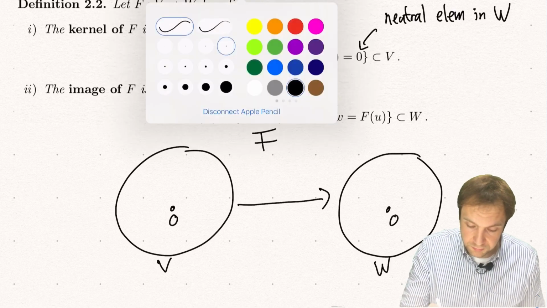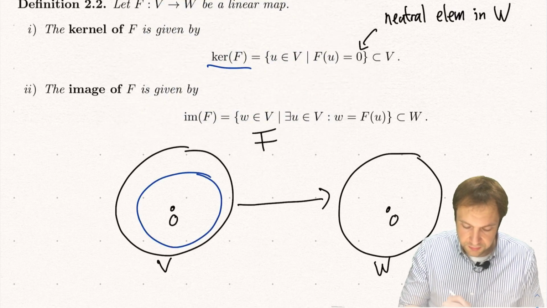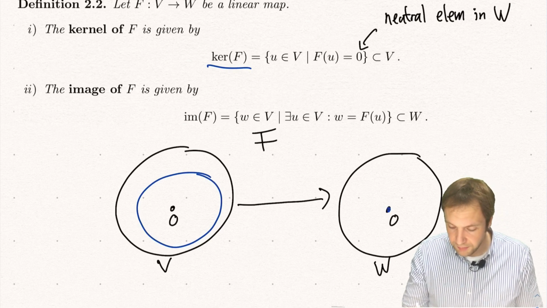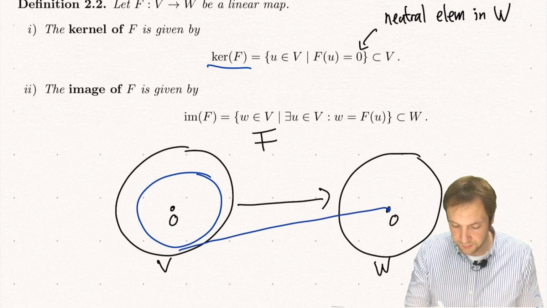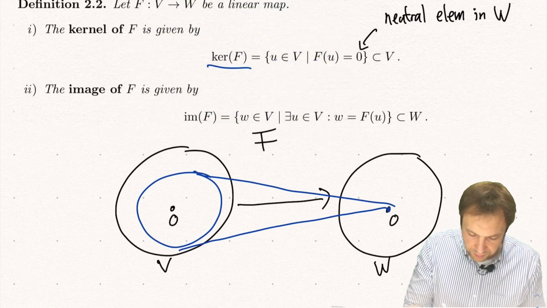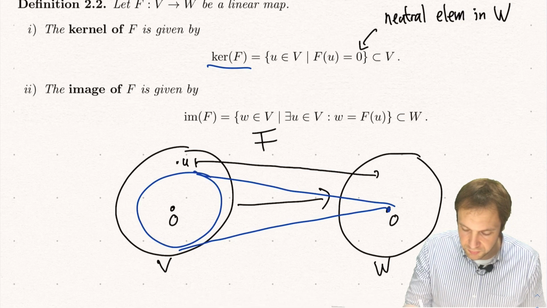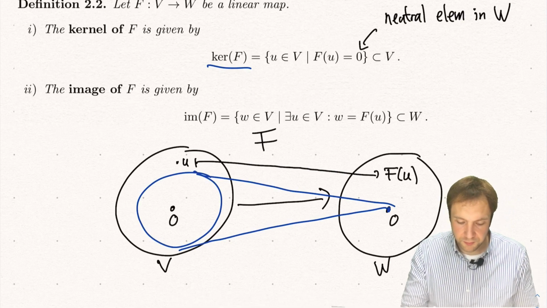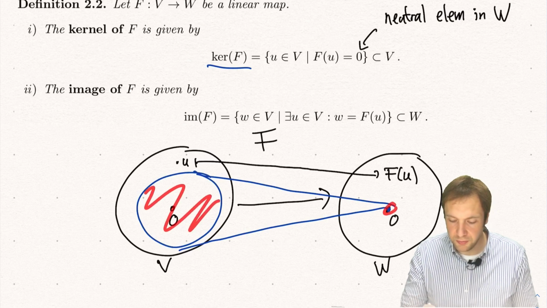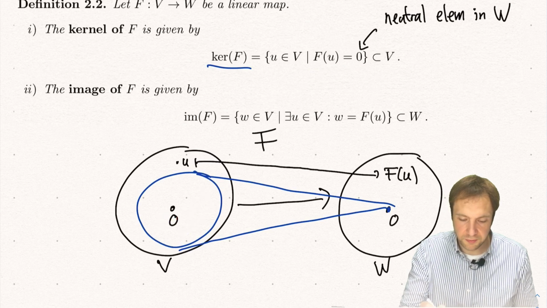The kernel is all elements here which get mapped to this 0. So in general I can have some element u, and u gets mapped to f of u, and all these u which get mapped to 0, meaning f of u equals 0, this is the kernel of f.